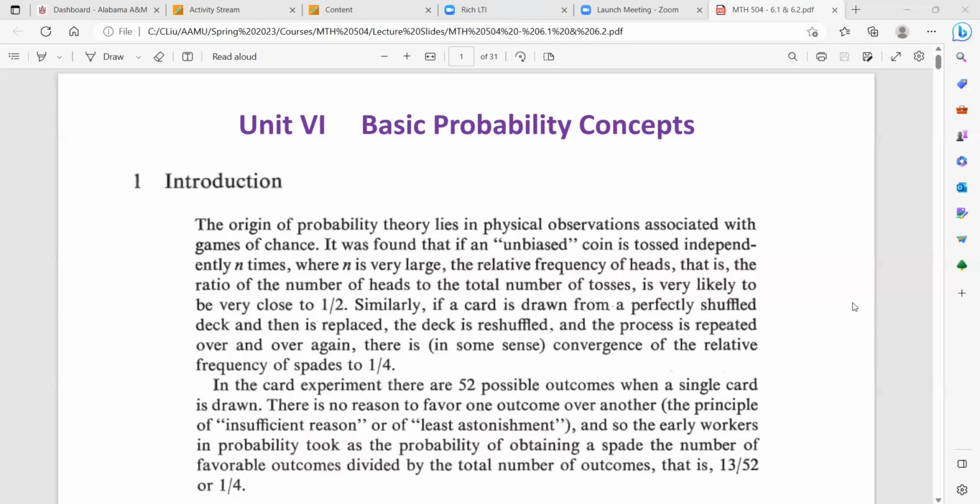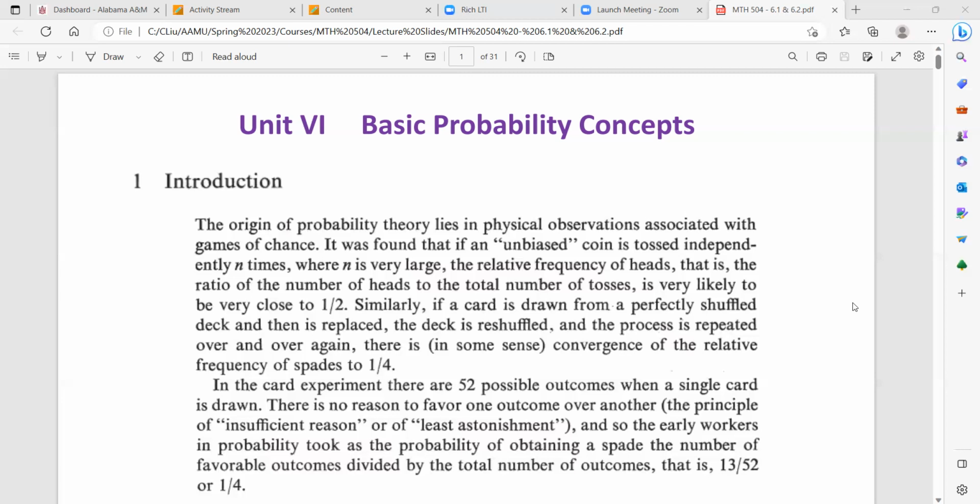Like we talk about sets, we talk about logic, we talk about functions, and now we're going to talk about the basic probability concepts. This is a completely different area, but it's a very interesting subject. I hope you can see the difference between this and other things.